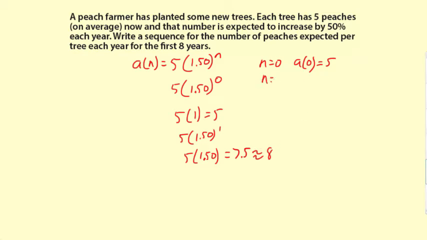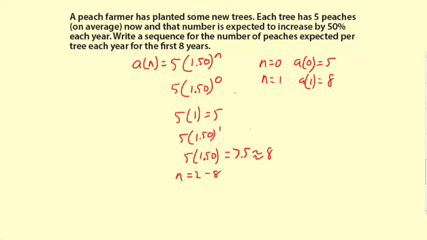So for n equals 1, A of 1 equals 8. And then you just repeat for n equals 2 to 8. All right, that's one way to do it.